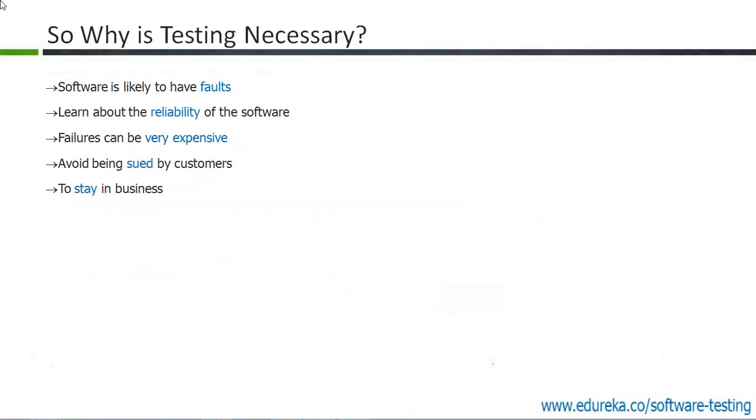For example, let's take the refrigerator. If the company identifies there is a dent or a scratch mark, or this button is not working, or the freezer is not working, within the company, and that is rectified before it is rolled to the market, then the expense is very less. So assume that tomorrow, without identifying all these bugs, the refrigerator has rolled into the market and gone into the hands of customers.